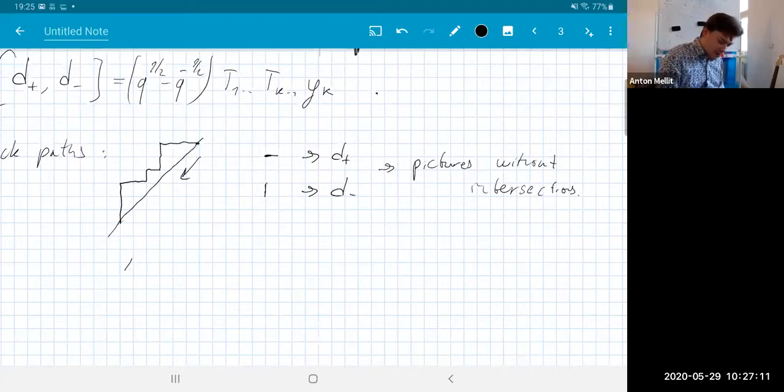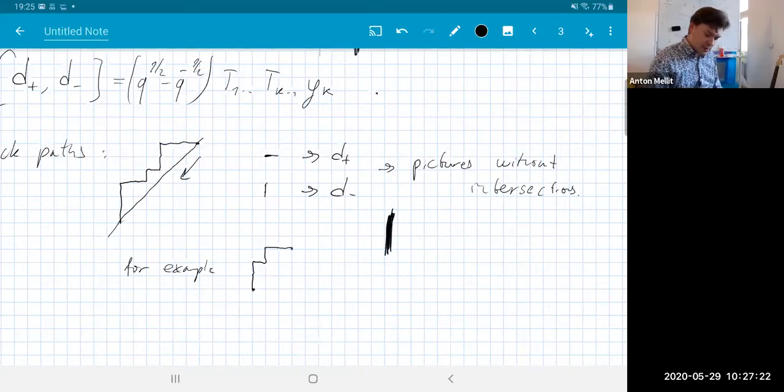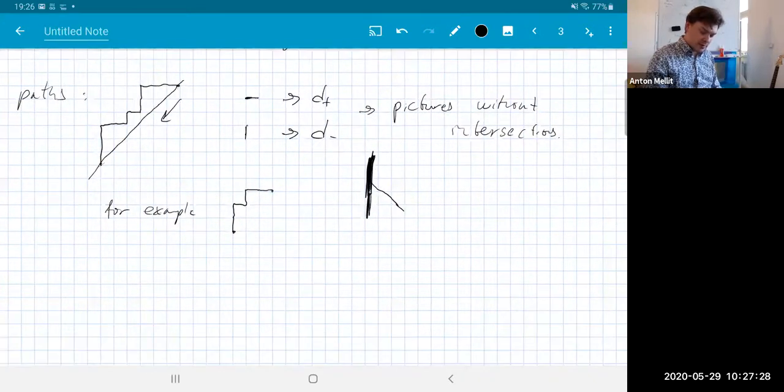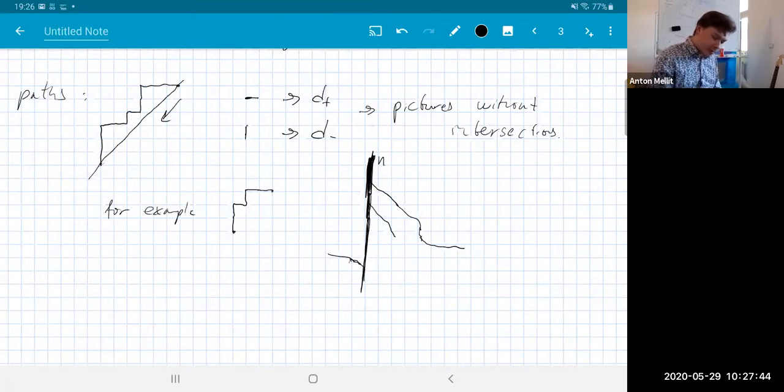So, for instance, this becomes: I have some sixth strand, then one thing comes out, then one more thing comes out, and then this thing comes and dies here. So the thickness here is m. Then it becomes m minus 1, m minus 2.